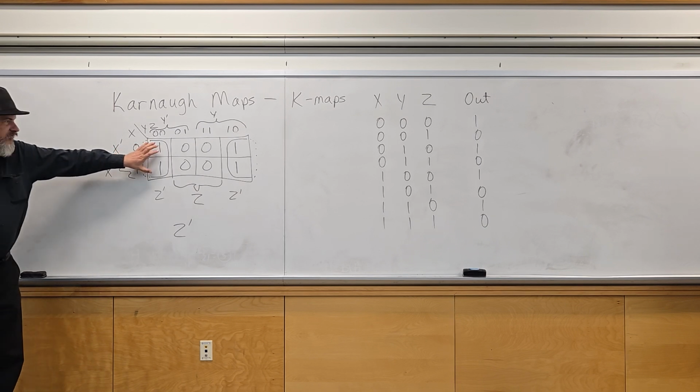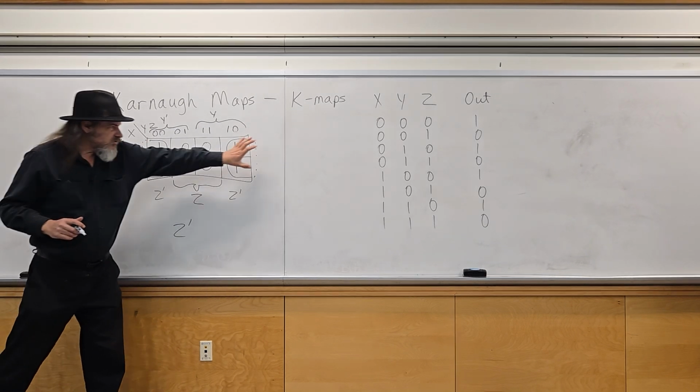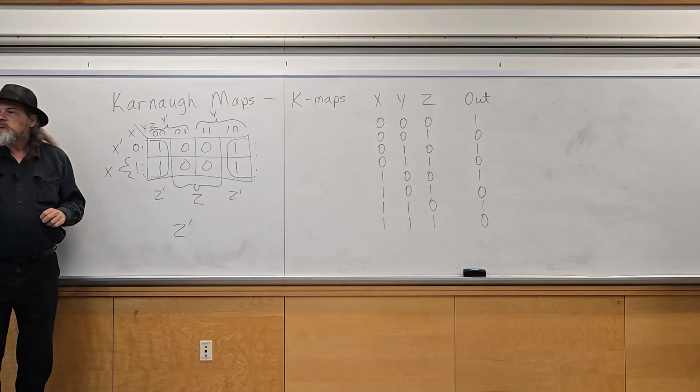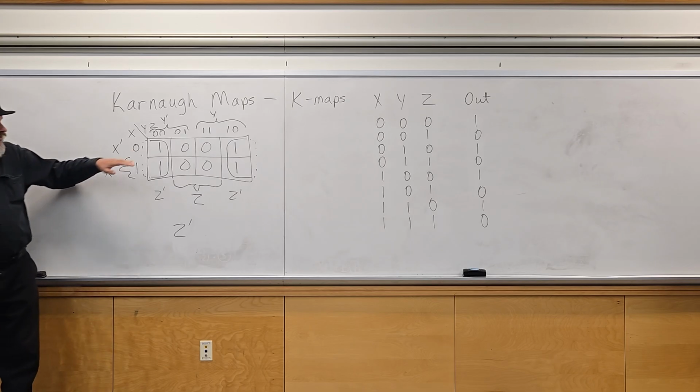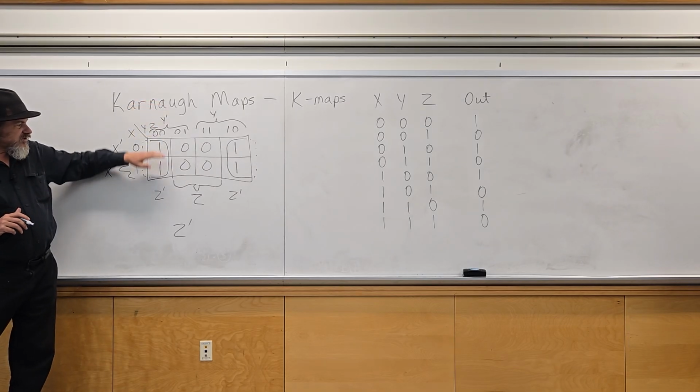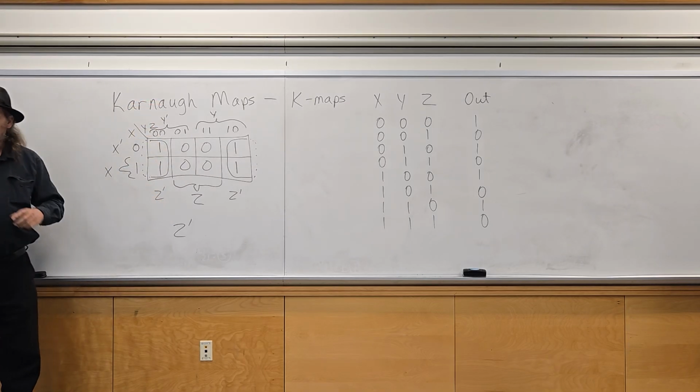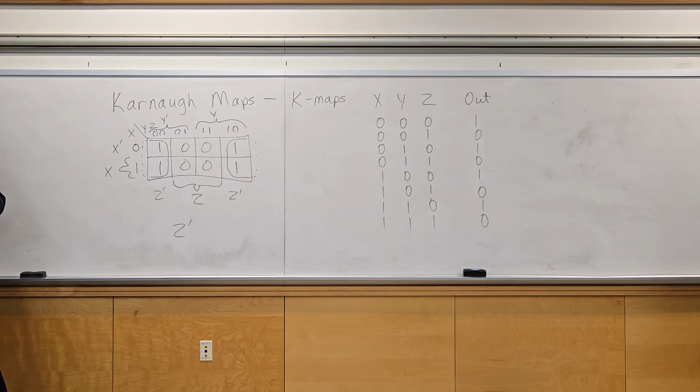It wraps around going this way. It also wraps around going upwards and downwards, but you don't really get into that unless you have a 4 by 4 K-map.